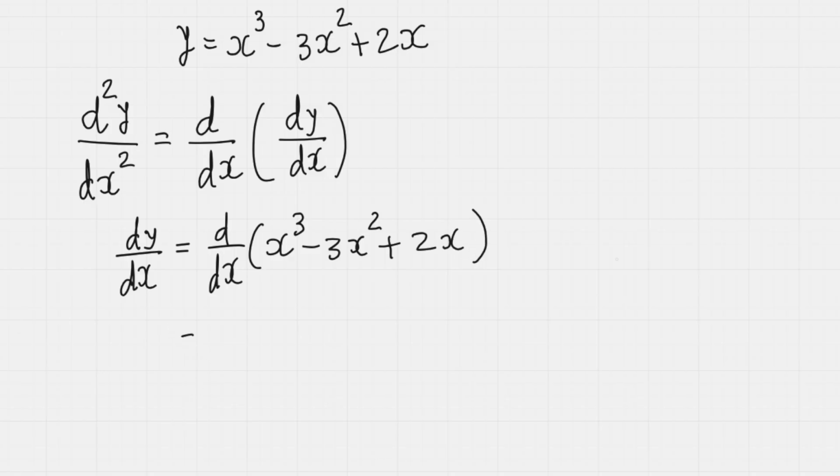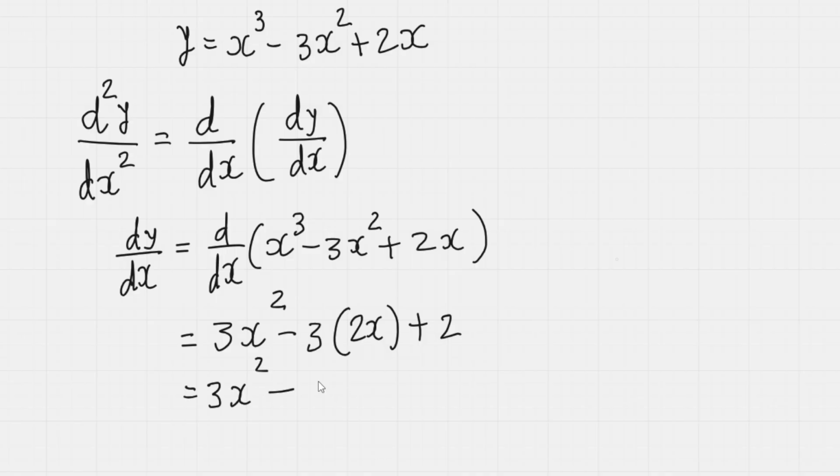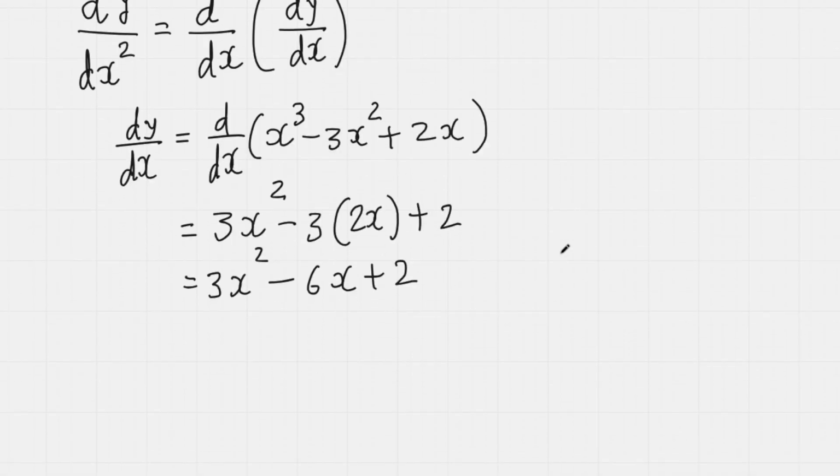Now using the power rule, the derivative of x cube would be 3x square, minus 3 times the derivative of x square, which would be 2x, and plus the derivative of 2x, which would be just 2. Okay, so after simplifying this would be 3x square minus 6x plus 2. So this is our first derivative.